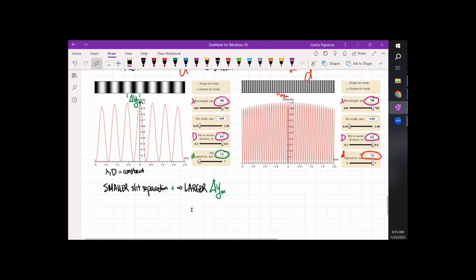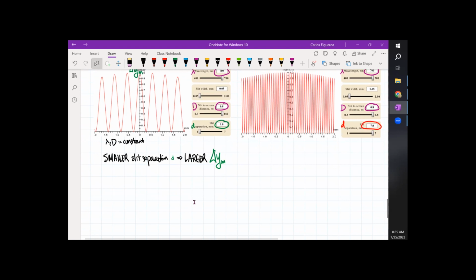So equation-wise, it's exactly what we would have expected. This guy is big, delta y of m, and the reason this works is because this guy in the denominator is tiny while keeping lambda and big D fixed.